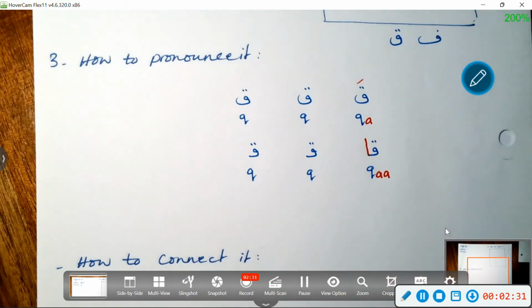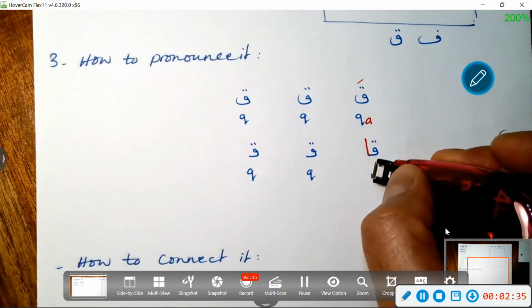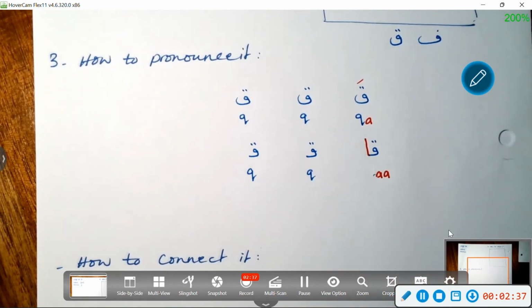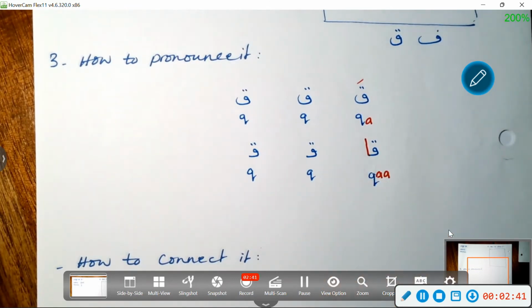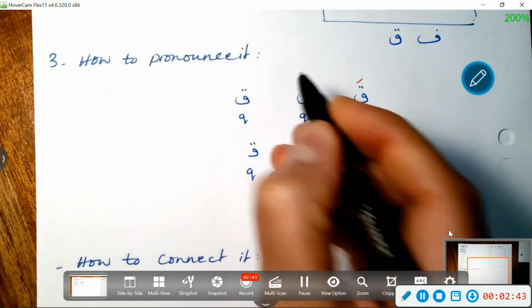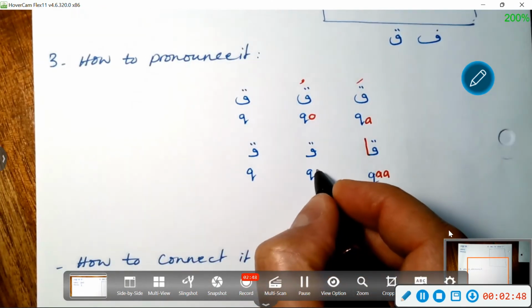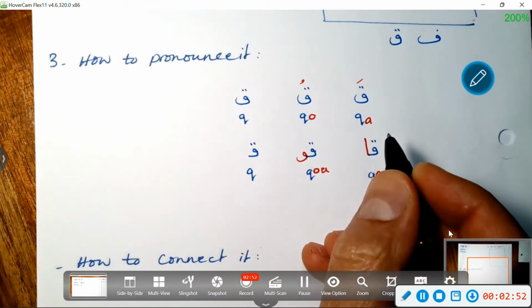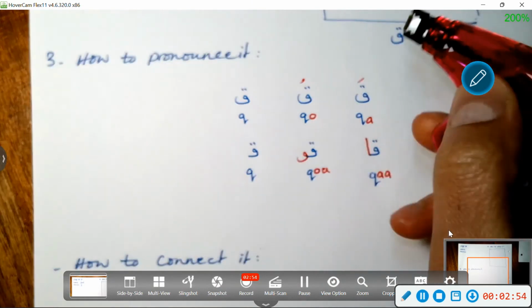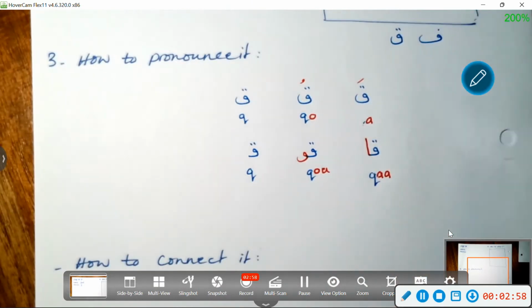I'm sorry, the Qaaf has to be lower than that. Qu with Dhamma, Qu with Waw. Same thing here, it has to be lower than that.